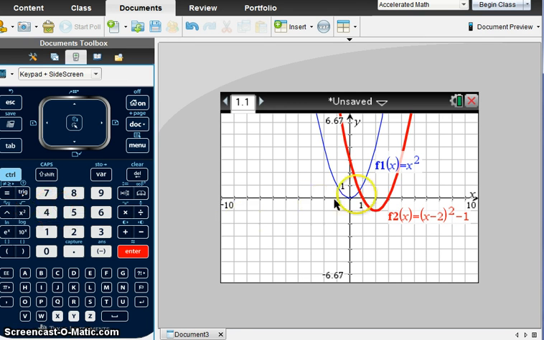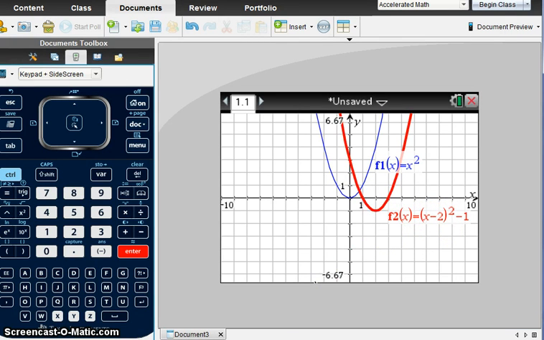Alright, there we go. You can see that it moved the parent function 2 units to the right and 1 unit down. So here's our -1 and then minus 2. And you can tell our x coordinate is at positive 2. So remember, in our vertex form, it's x minus some number, positive 2 in this case.